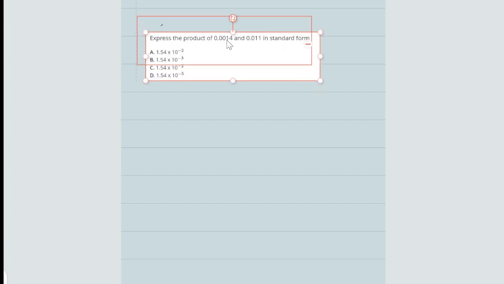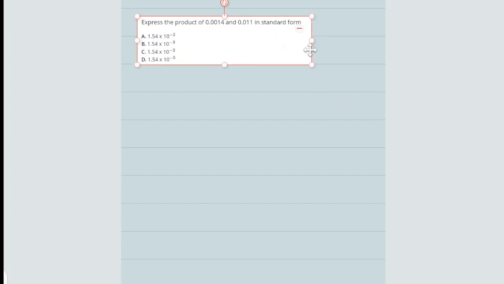So you have to express the product of 0.14 and 0.011 in standard form. The product means multiplication. If I were you, convert this to standard form first.